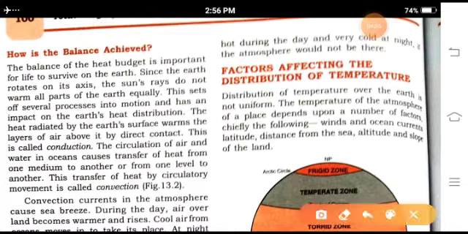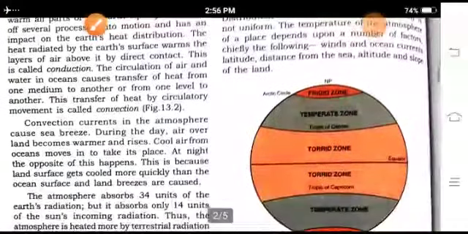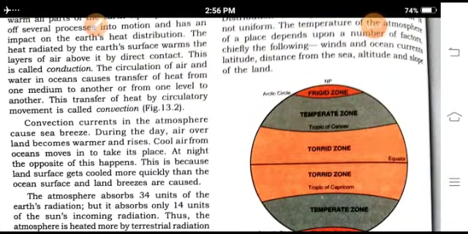The heat radiated by the Earth's surface warms the layers of air in direct contact with it. This is called conduction. Now, the circulation of air and water in the ocean causes transfer of heat from one medium to another, from one level to another. This transfer of heat by circulatory movement is called convection.